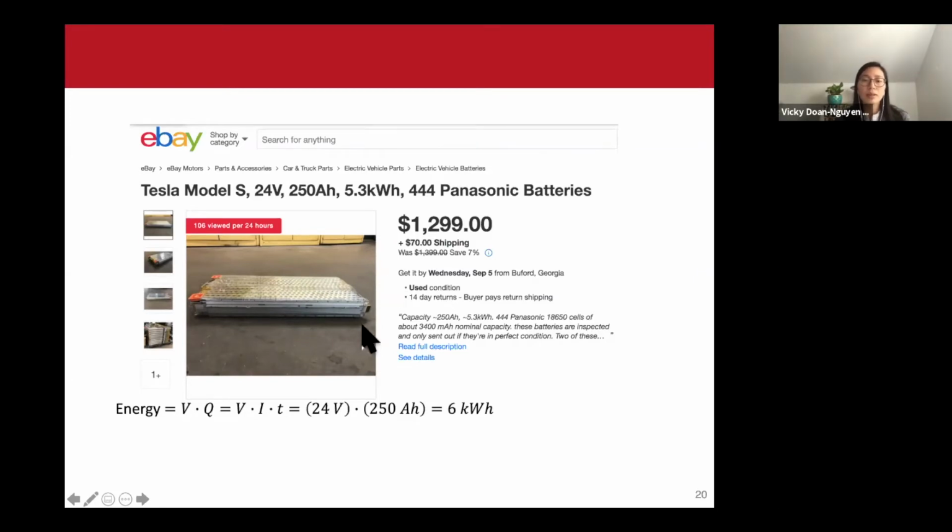And so we can just do a math check. 24 volts times 250 amp hour, that's about 6 kilowatt hours of energy there. And it's rated at 5.3. So there's some loss in thermal management in the battery pack and other engineering aspects.